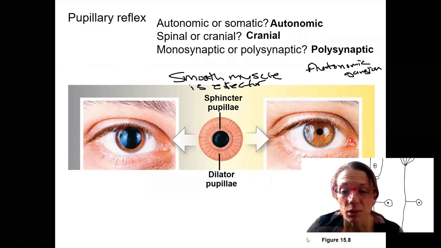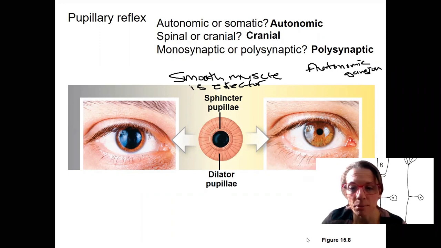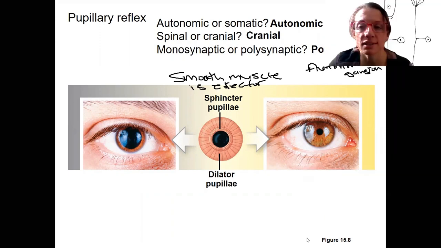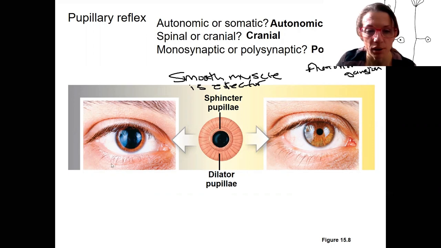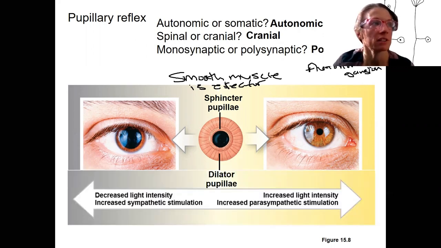We've talked about what happens to your pupils with sympathetic and parasympathetic activation. Could you predict which is going to happen in which situation here? With decreased light intensity, you're going to have increased sympathetic activation, which is going to cause the pupils to dilate.